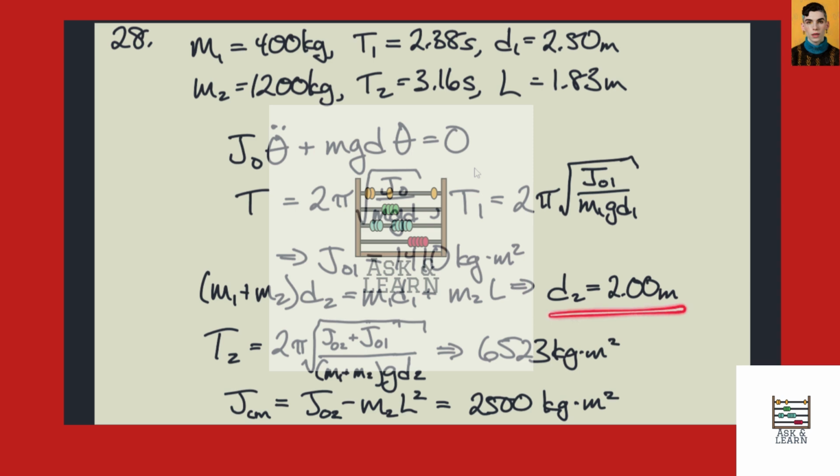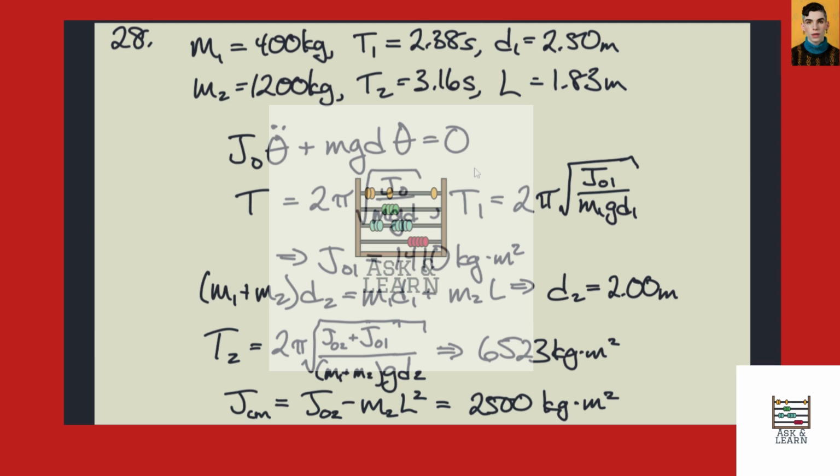This gives us that D is almost exactly 2 meters. So the center of mass has moved up as we'd expect, and the length of the pendulum arm from the pivot point to the center of mass is now 2 meters.